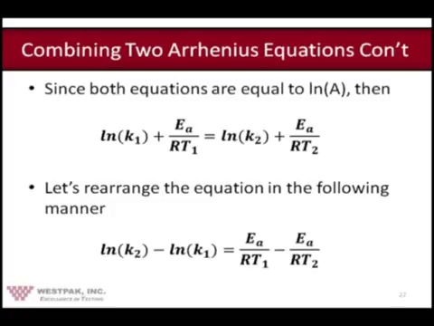So now we have a single equation that has log K sub 1 with temperature 1 on the left side, and log of the second rate equation plus E sub A divided by R temperature 2 on the right-hand side. So far we know that those are equal. So now what we're going to do is rearrange those so that we have log K2 minus log K1. So basically all we've done there is subtract log K1 from both sides. And that's the equation we get at the bottom of that particular slide, number 22.